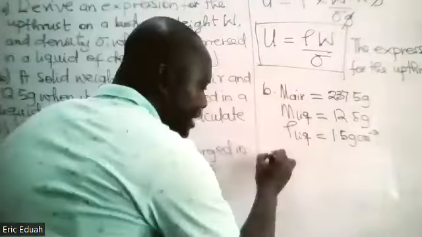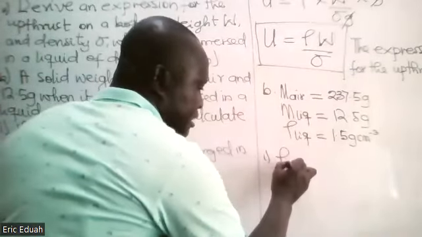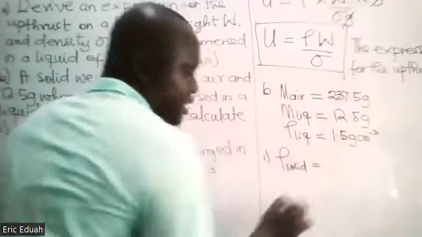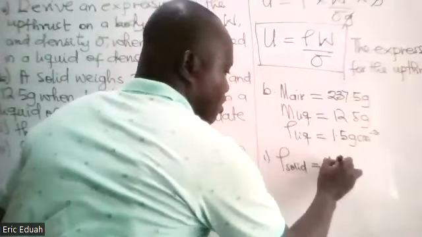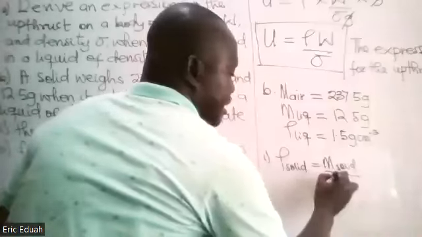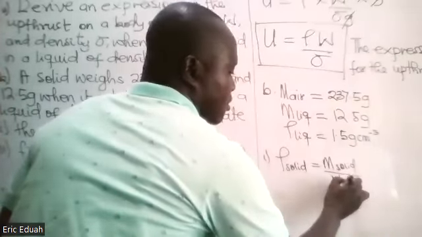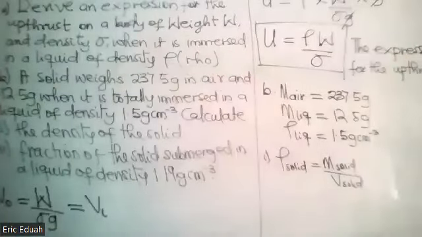Now, the first question demands that we find the density of the solid. So rho of the solid must be equal to mass of the solid over volume of the solid. Are we okay?